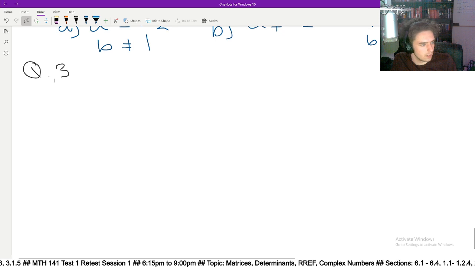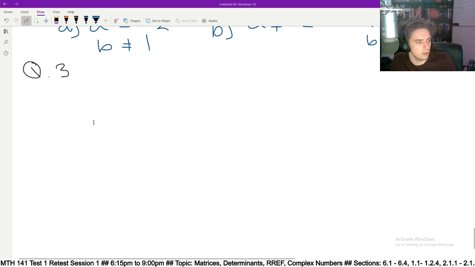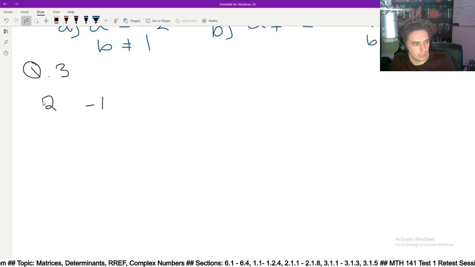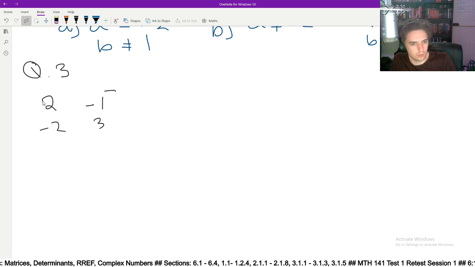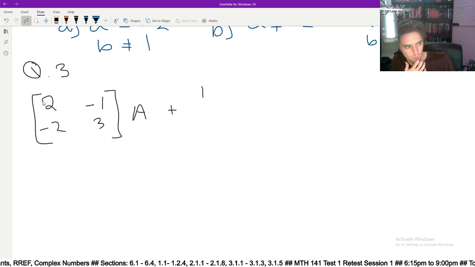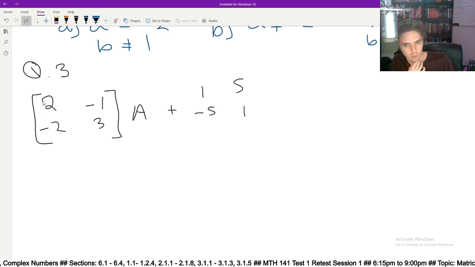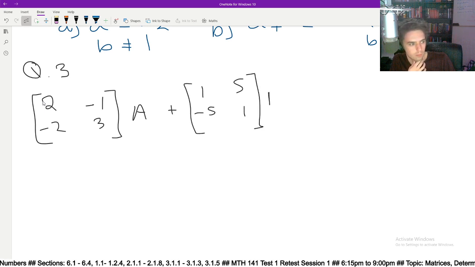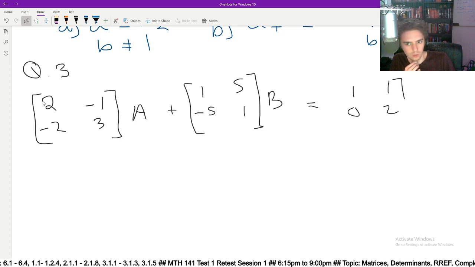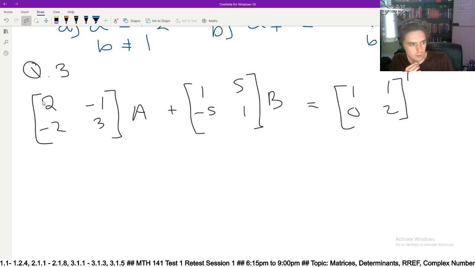So, question 3 is: find A and B, which are both 2x2 matrices, such that the equations give us 2 equations. [2, -1; -2, 3] times A plus [1, 5; -5, 1] B equals [1, 1; 0, 2] transposed.